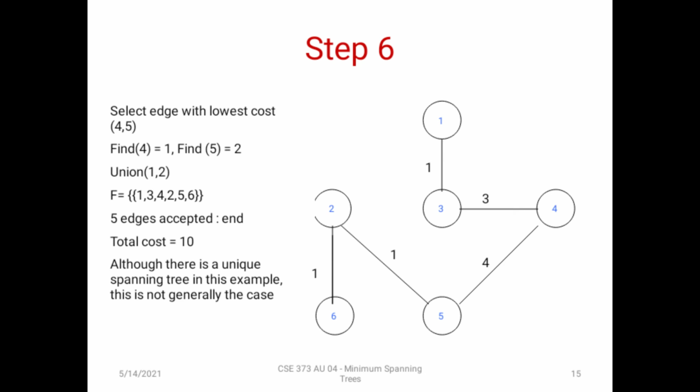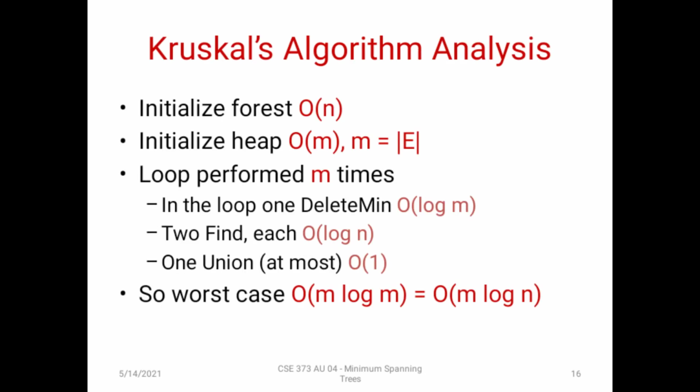By implementing Kruskal's algorithm, you have found the minimum cost spanning tree. That is, Kruskal's algorithm builds the tree from a forest by choosing the lowest cost edges. So you can see here, initialize forest.